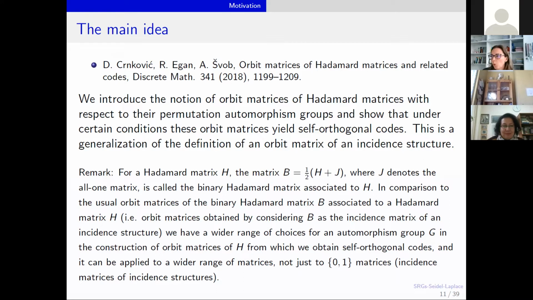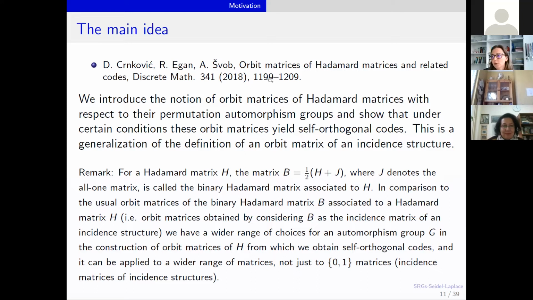And we saw that these orbit matrices have very nice properties in a way to obtain a nice family of codes.